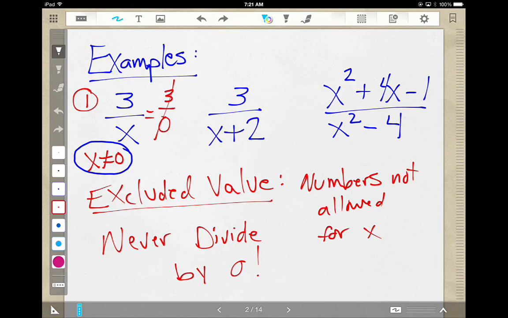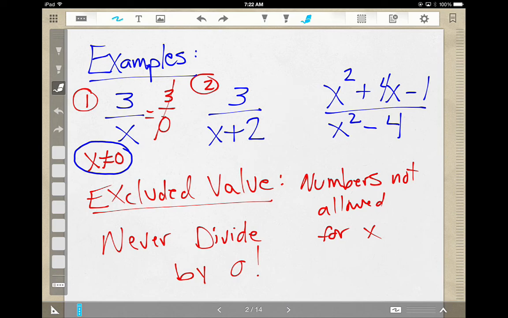On example number 2, I need to think, well, what number would turn the denominator into 0? Because I could actually say 3 over 0 plus 2. If I put 0 in there this time, 0 plus 2 is 2, and that ends up being 3 over 2. Well, 3 over 2 is fine. The problem is if I'm going to end up having something divided by 0.